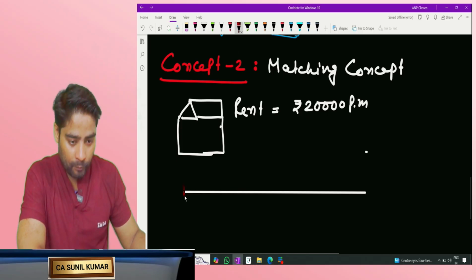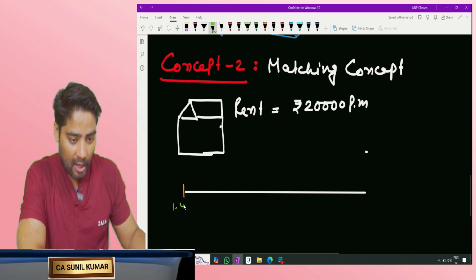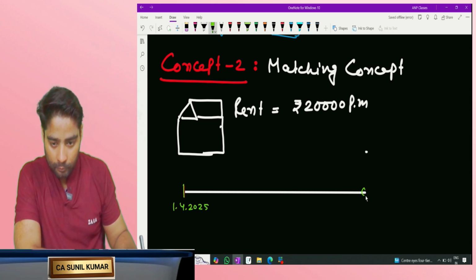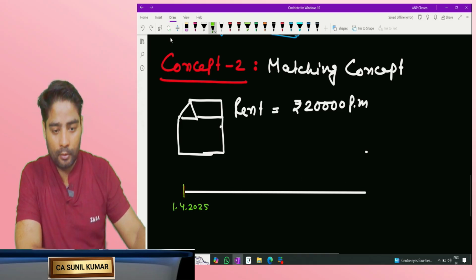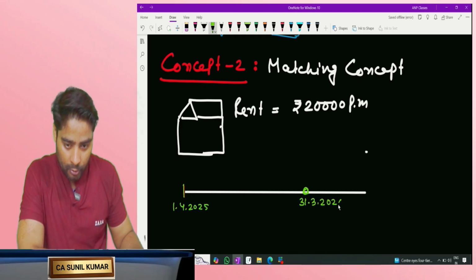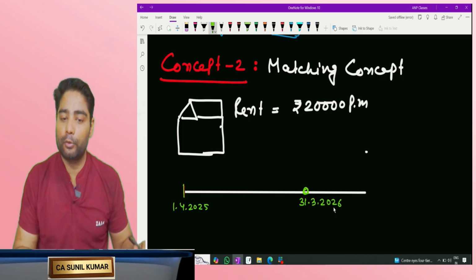Let's suppose I have taken this house on 1st April 2025 till 31st March 2026. So what is my financial year, sir?